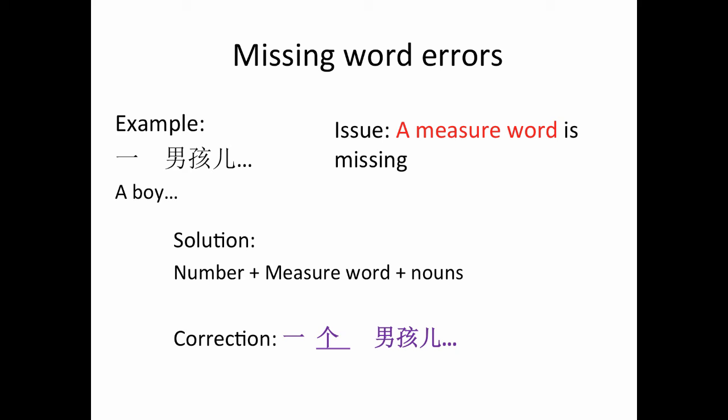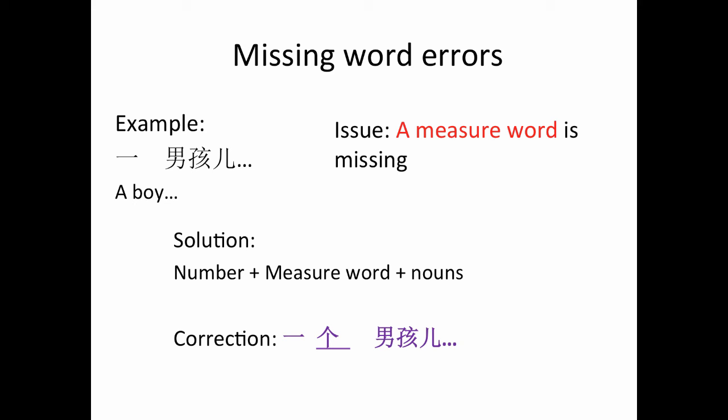A number plus measure word plus nouns. In this example, 一 is a number, 男孩 is a noun, and also 男孩 refers to a person.